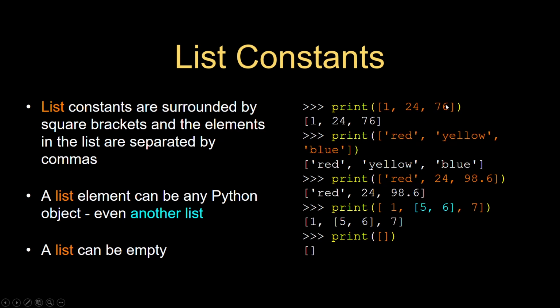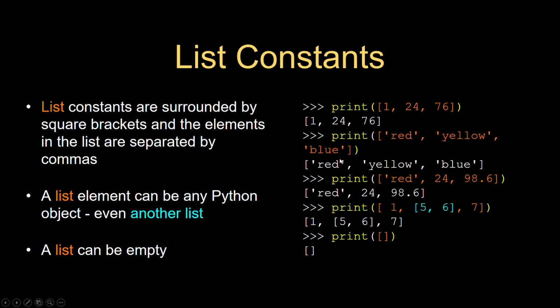So this is a list, but we didn't put a name for this. And then on the second print statement, another square bracket, and red, yellow, and blue, 3 string values, are separated with commas and put in square brackets.